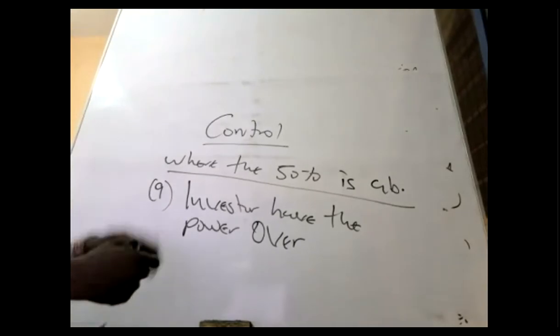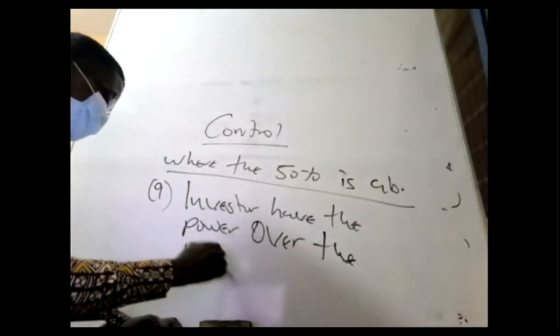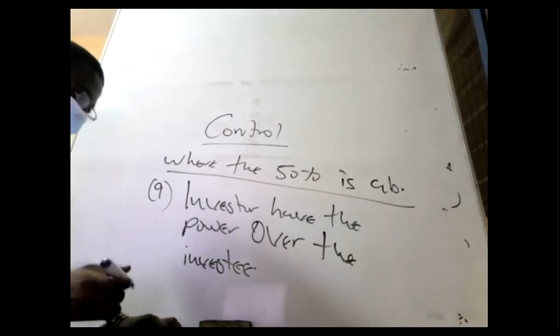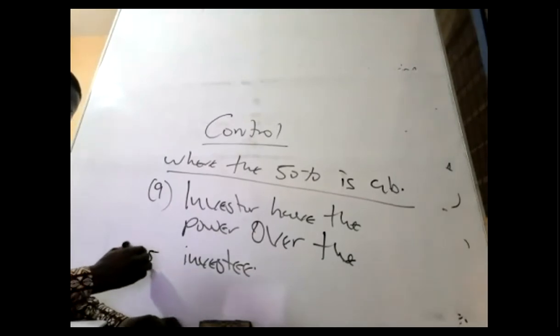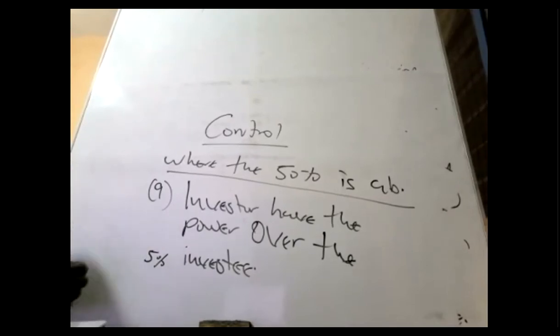That is all, power over the investee. So where you have power, in fact, you even have 5%. And if you give a command, then it moves. If you give commands, they take it.